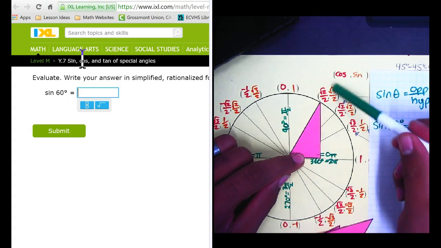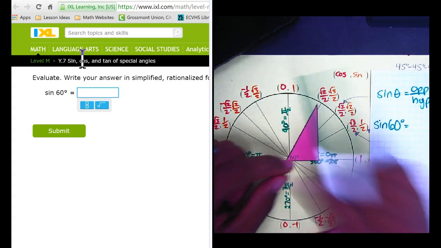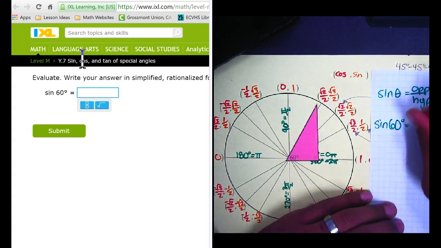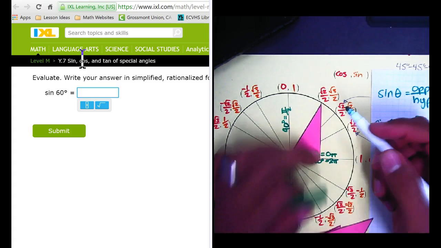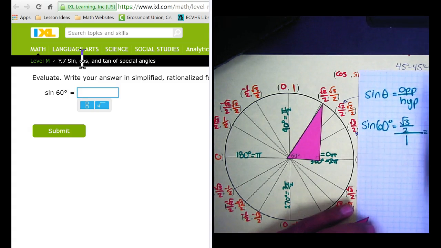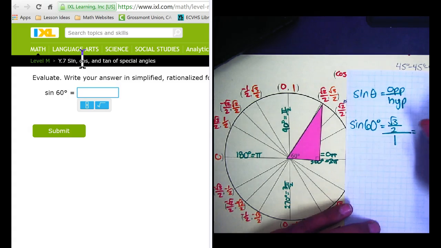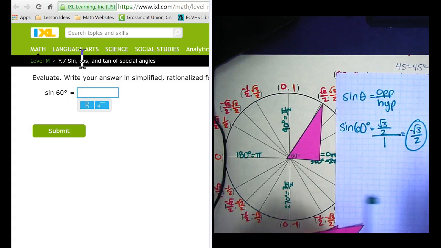And the y value here is square root of 3 over 2. And the hypotenuse is going to be 1. We know that anything over 1 is the same value, so that simplifies to square root of 3 over 2. So there's our answer for the first one.